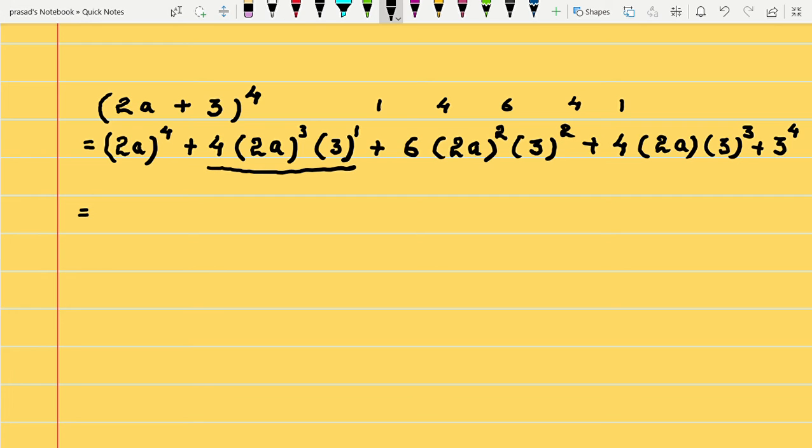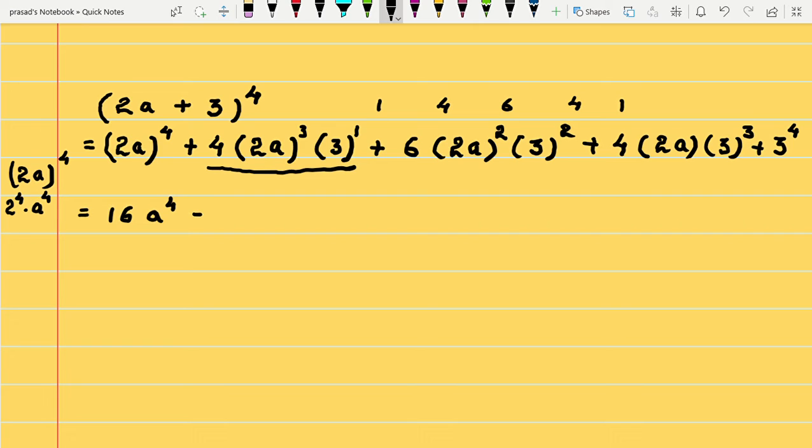See, when you are doing this expansion, I'm just writing in the rough here. So it will be 2 to power 4 into 3 to power 4. So 2 to power 4 is 16, 3 to power 4.